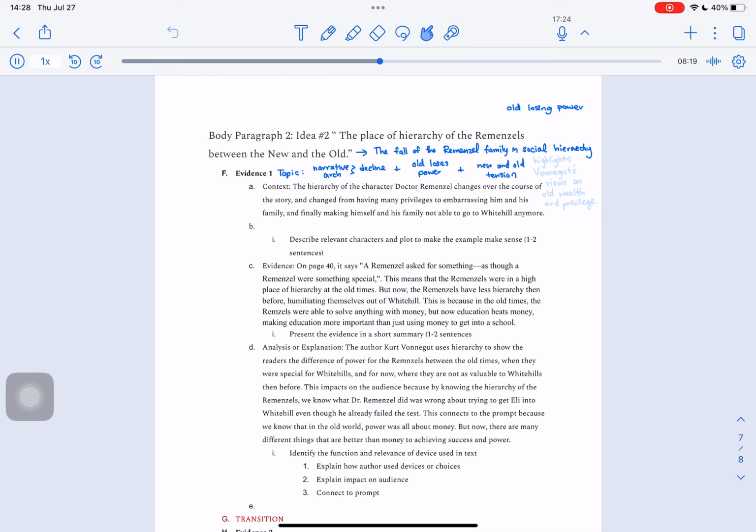The fall of the Remenzel family in social hierarchy highlights Vonnegut's views on old. What is old about them? It's not merit. It's their wealth. Old wealth and privilege.